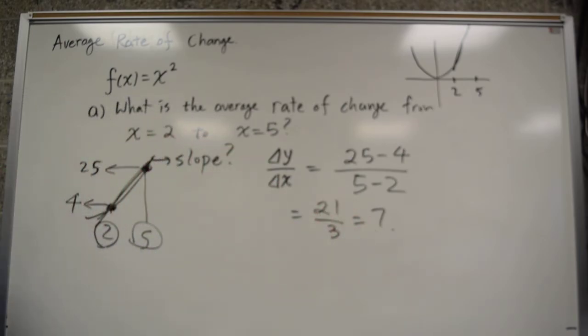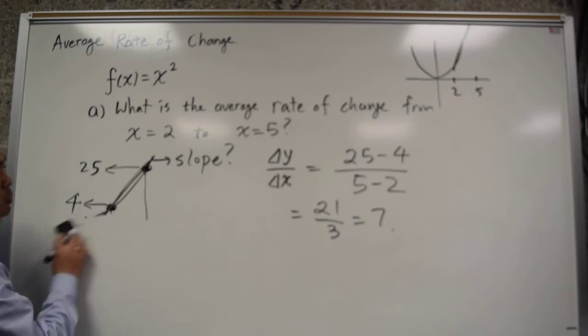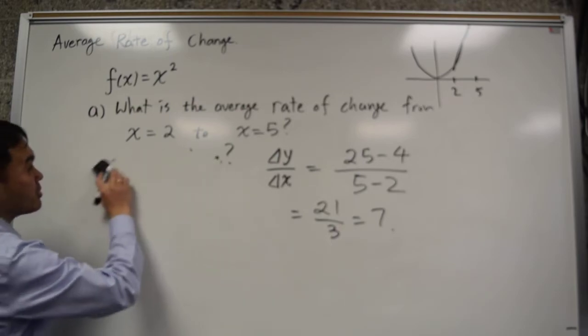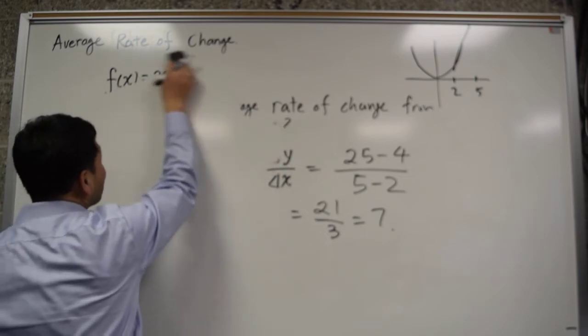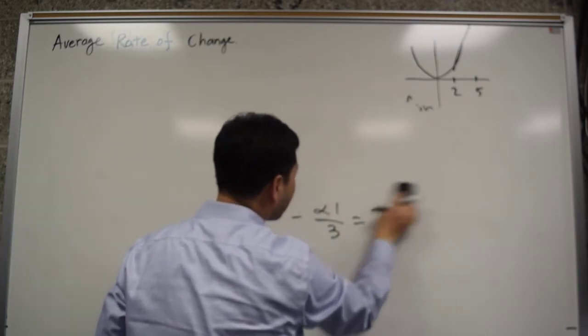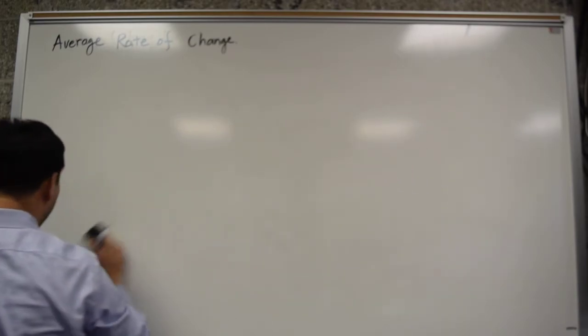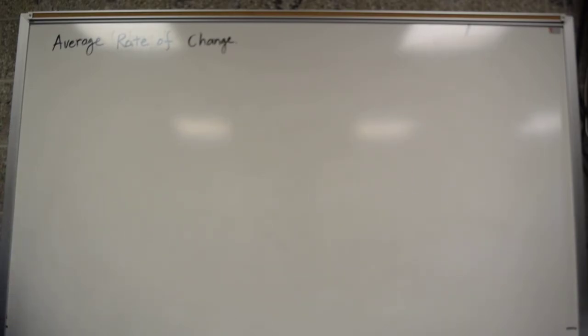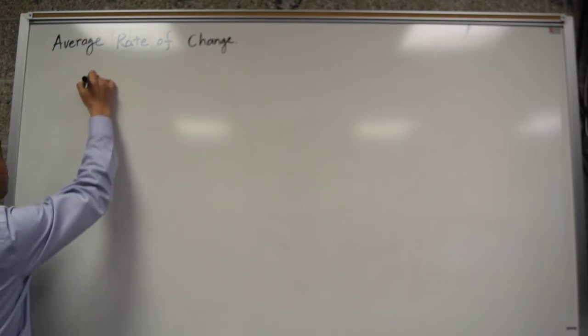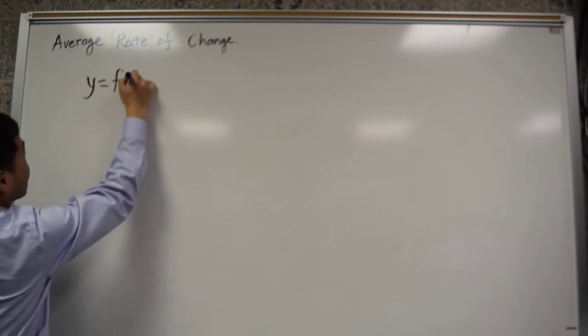Now, I want to show you the formula for this. In general, we can change that into a formula. The formula itself looks very ugly, but if you understand what we just did, it's kind of obvious. So let's say you have y equals f of x.